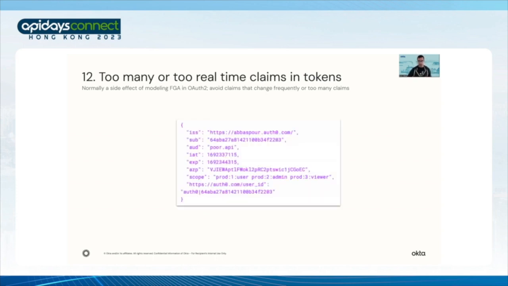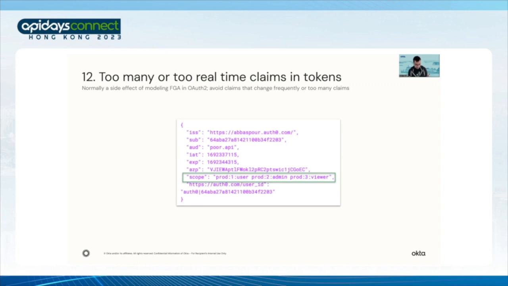You will end up with access tokens that have a scope saying this user has this role in this product, and as you add more products and subsystems to your system with different roles, this will grow exponentially, and you will end up with access tokens that are too big to even be carried on the network, or too convoluted and complex to implement at an access token gateway level.